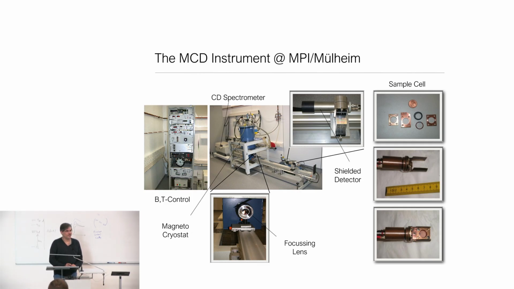So I've known quite a number of groups who have bought the equipment to build an MCD spectrometer and never got it running. So the first time we built an MCD spectrometer here, it took us 2 years before anything useful came out. And then we wanted to build a second MCD spectrometer that covers the full range from 2000 nanometers to 200 nanometers, and we said, yeah, now we know how it goes.